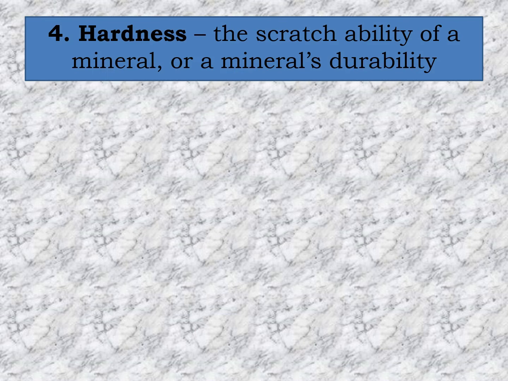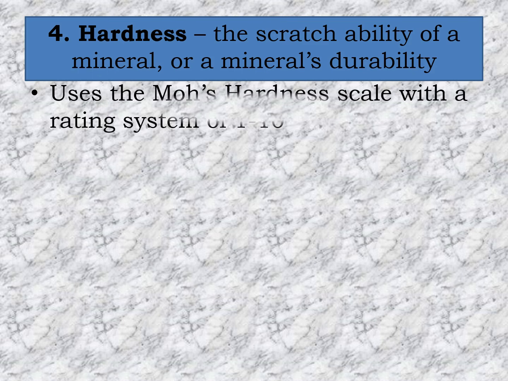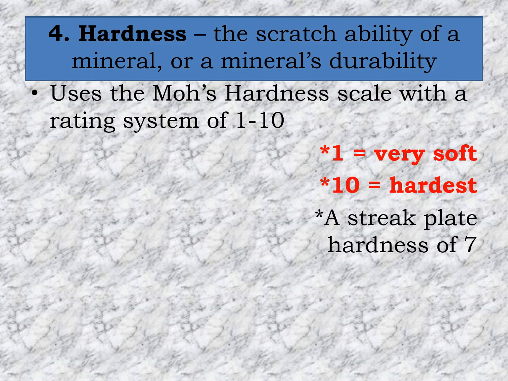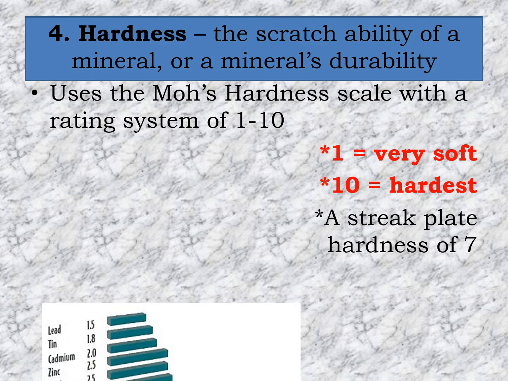Fourth one is hardness. It is the scratchability of a mineral or a mineral's durability. It uses the Mohs hardness scale with a rating system of 1 to 10, with 1 as very soft and 10 as the hardest substance known to man.